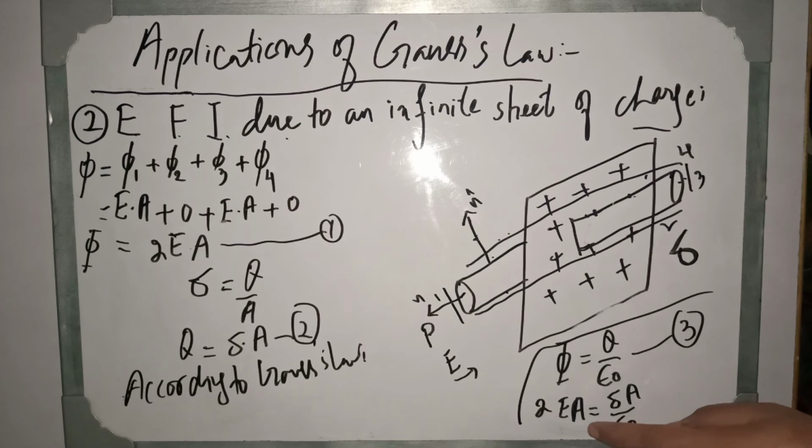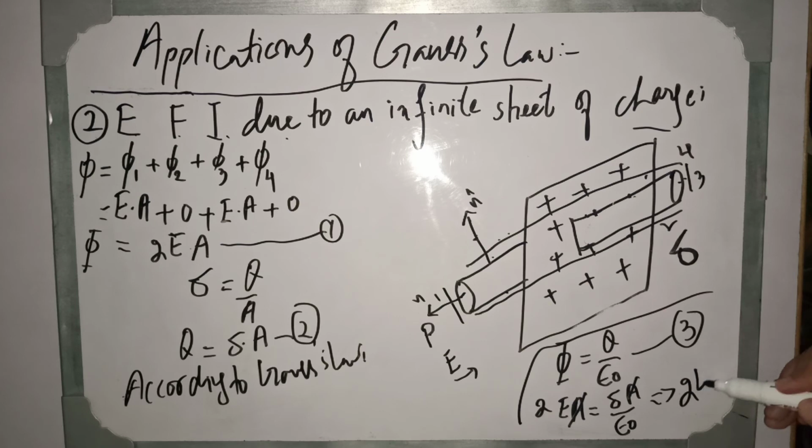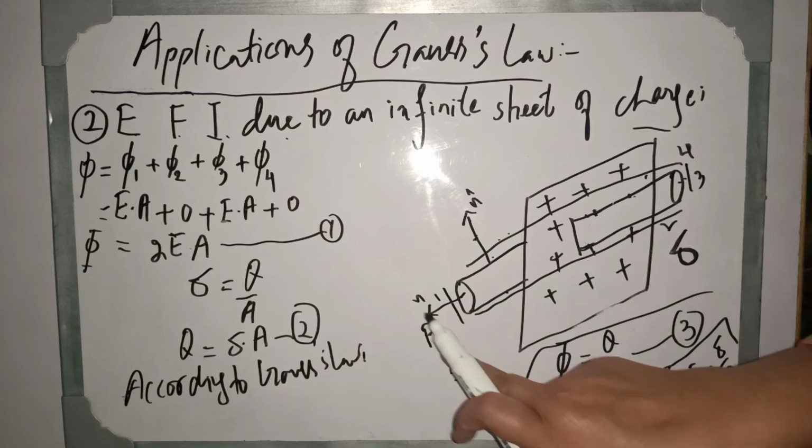As A is present on both sides, A will be cancelled, and the next equation will become 2E is equal to sigma over epsilon naught. This is the value of 2E, and now we need to find the value of E.